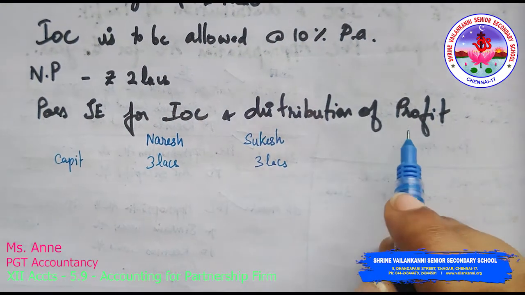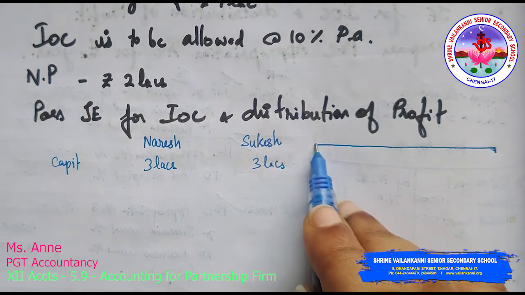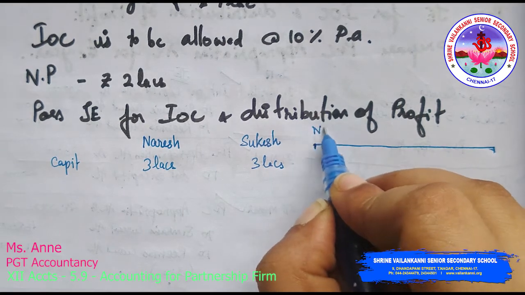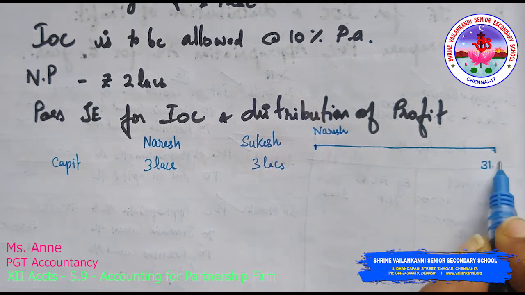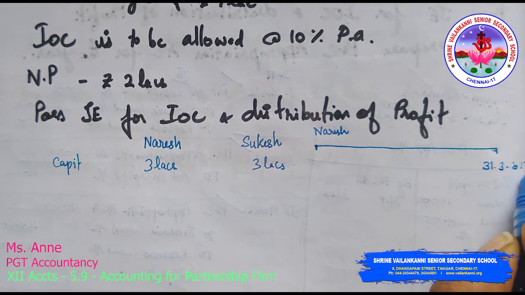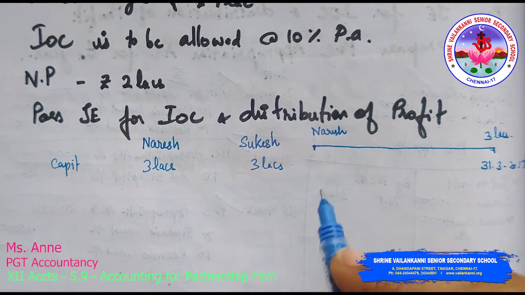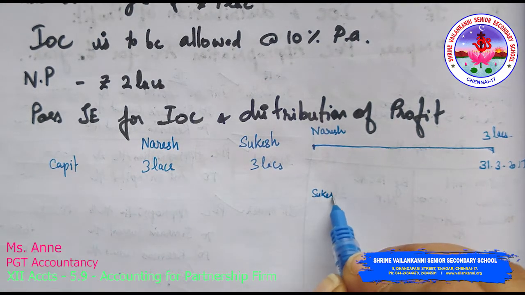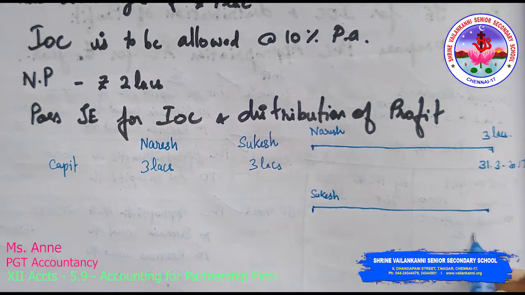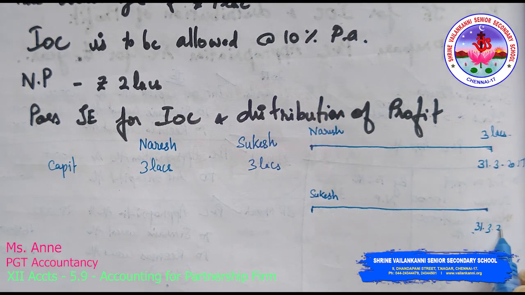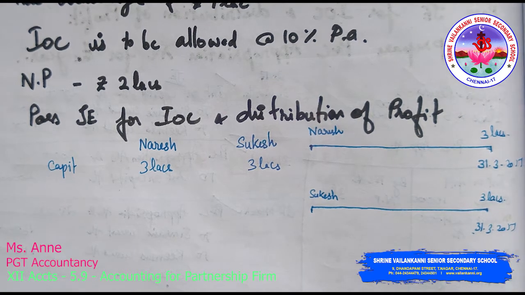So this date is very important. I'm going to draw a timeline for each partner. This is the timeline for Naresh. On 31/3/2017, he had 3 lakhs as his capital. This is the timeline for Sukesh. On 31/3/2017, Sukesh also has 3 lakhs as his capital.